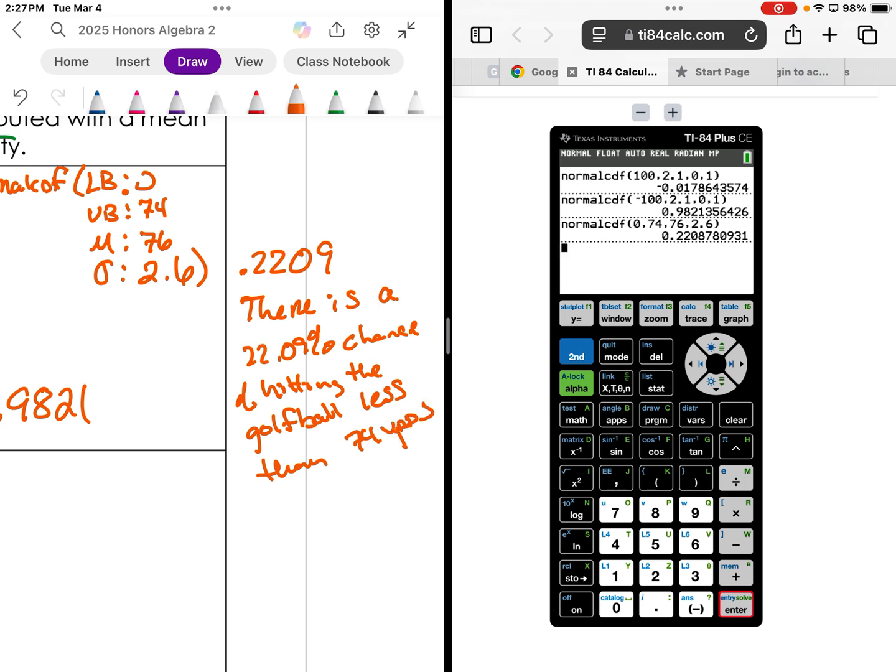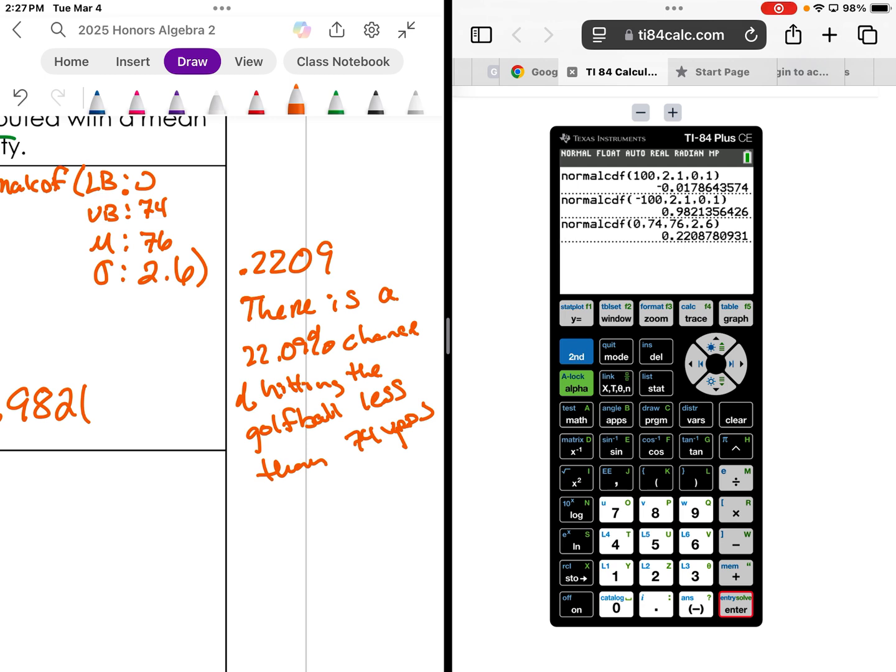That's what that means. Based on my average, my mean for hitting that club, and the standard deviation, what is the probability that I hit it less than 74 yards? There's a 22% chance that I'm going to hit that ball less than 74 yards.